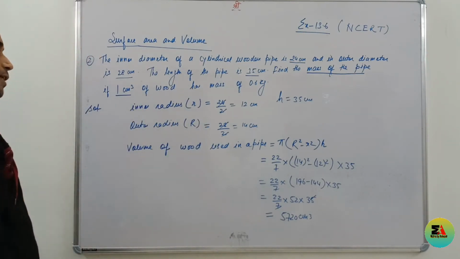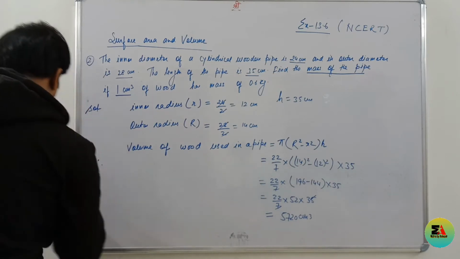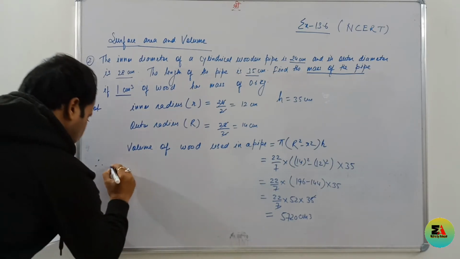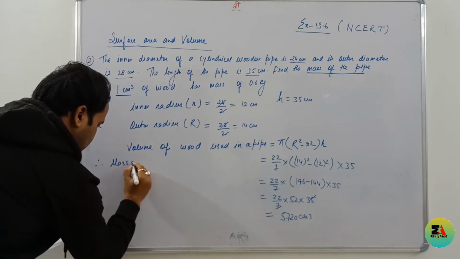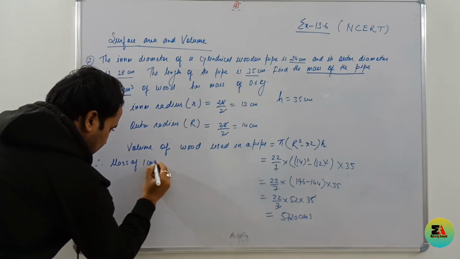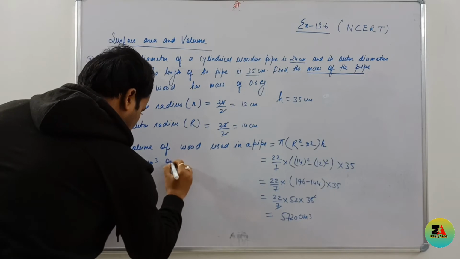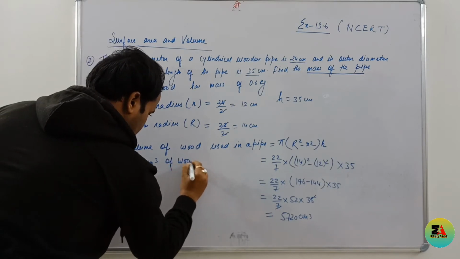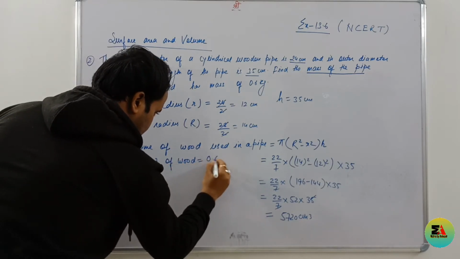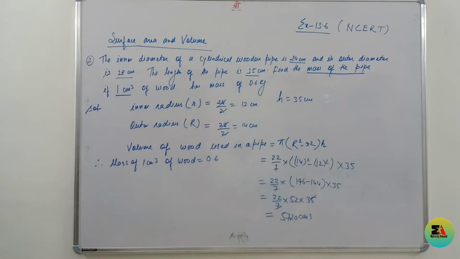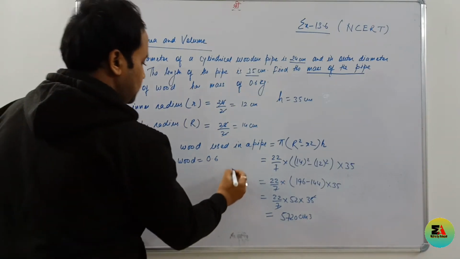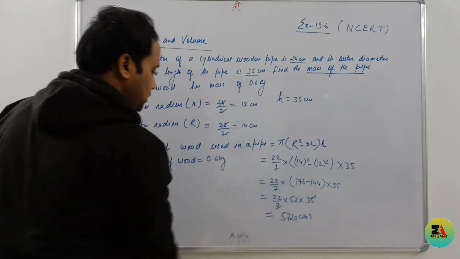Mass of wood is given per 1 centimeter cube. Therefore mass of 1 centimeter cube of wood is 0.6 kg.